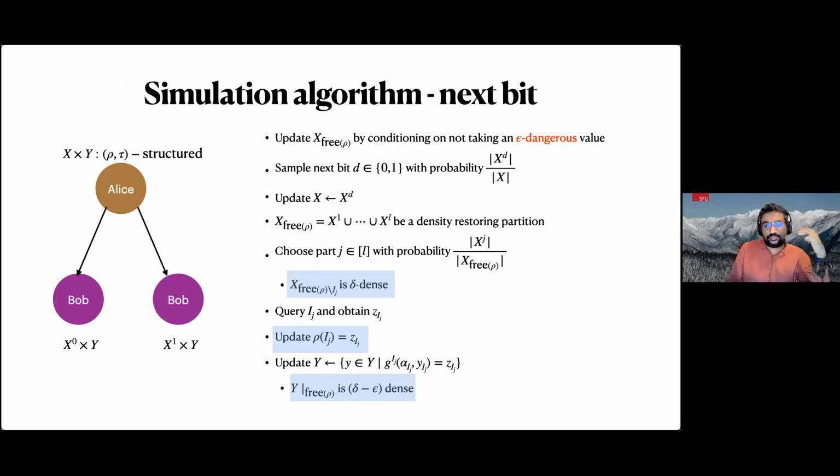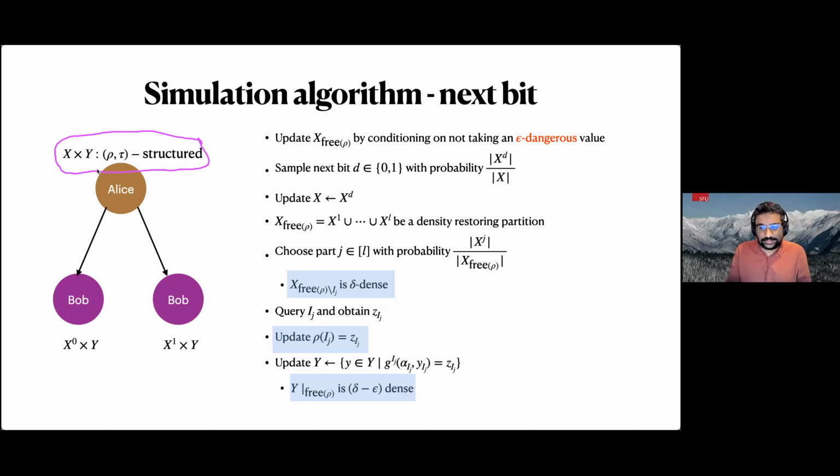And now we need to sample the next bit. By the invariance of our algorithm, we can assume that we are at a node where x cross y is row T structured. With every node, we have some row that the algorithm bookkeeps, and this node has this associated rectangle, which is tau structured. So basically x is dense and y is dense.